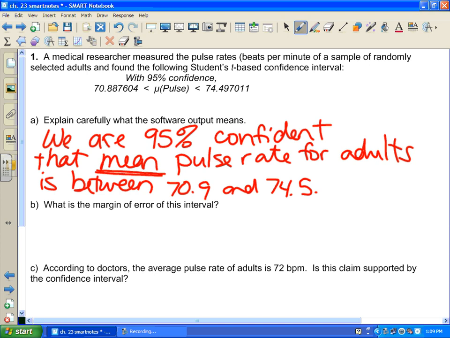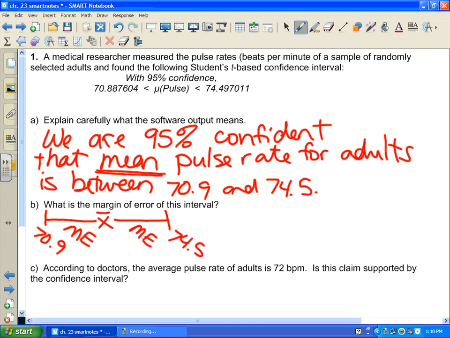Okay, anyone remember how to find the margin of error when you don't know what n is, you don't know what t star is, you don't even know what the estimate was? Find the middle. Yes. Remember, in a confidence interval, you start with the estimate in the middle, then it goes to the right, that's the margin of error, and then it goes to the left, the margin of error. So this one goes from 70.9 to 74.5.